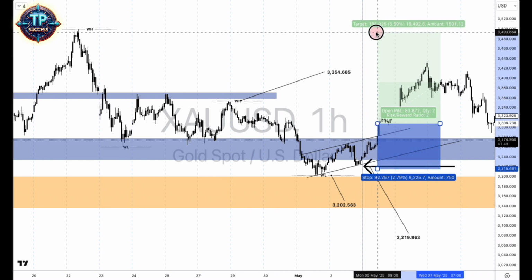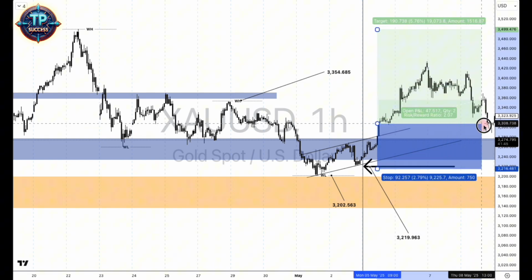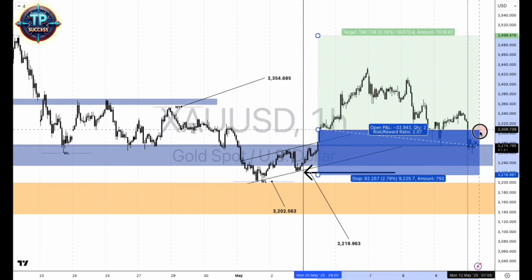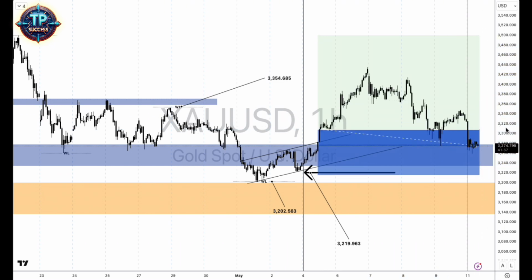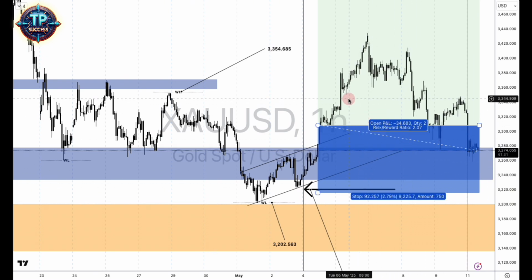I probably would have gone as high as here. Just with that move alone, bearing in mind that this was my stop, I would have had profitable opportunity. Straight Monday, I would have been profitable.